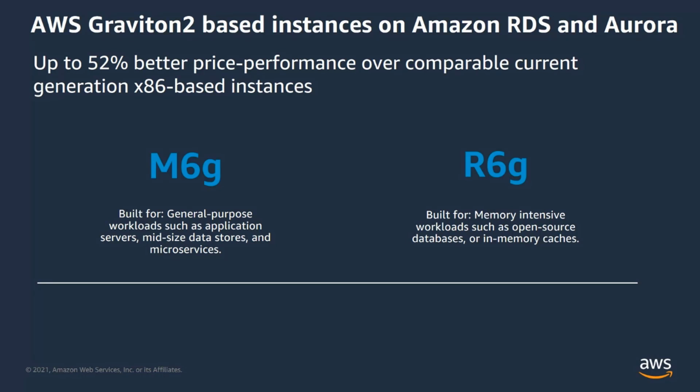AWS Graviton2 instances are also generally available for Amazon RDS for MySQL, Amazon RDS for PostgreSQL, and Amazon RDS for MariaDB. AWS Graviton2 instances provide up to 35% performance improvement and up to 52% price performance improvement for RDS open source databases, depending on database engine, version, and workload.